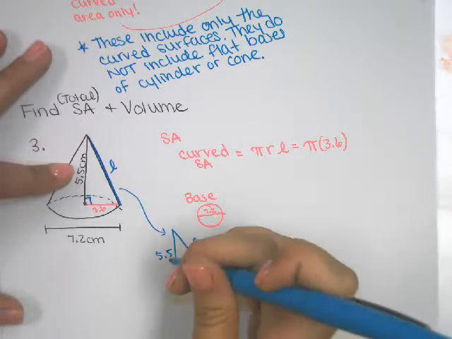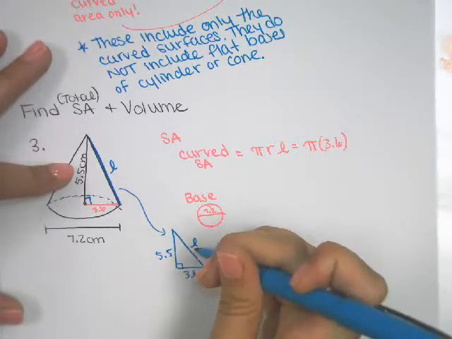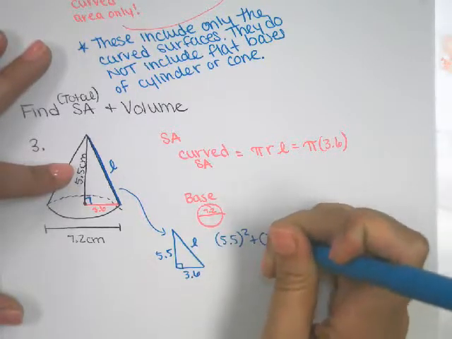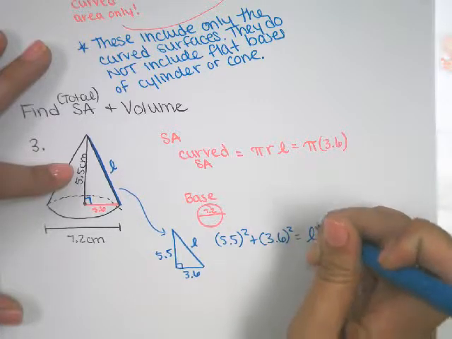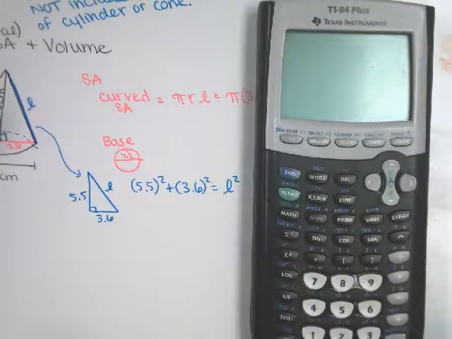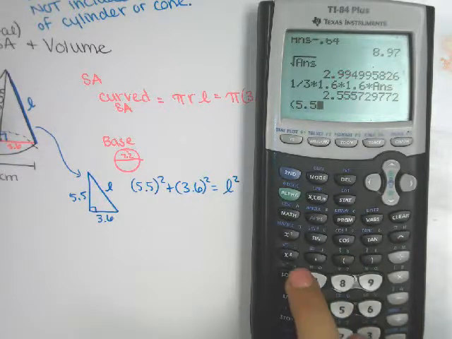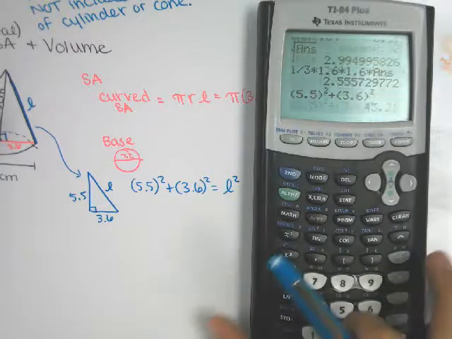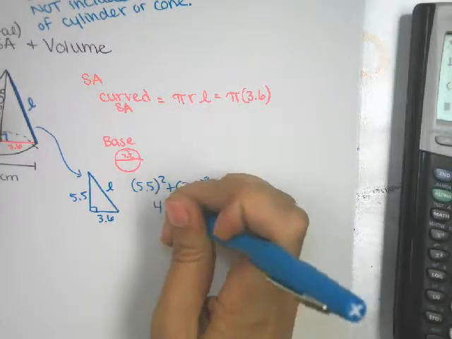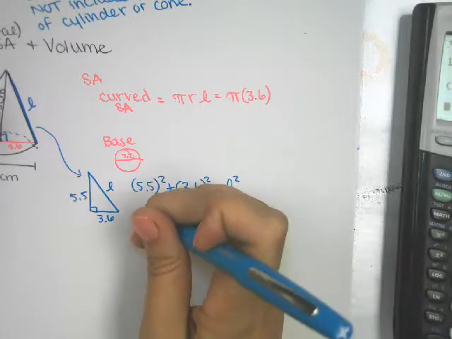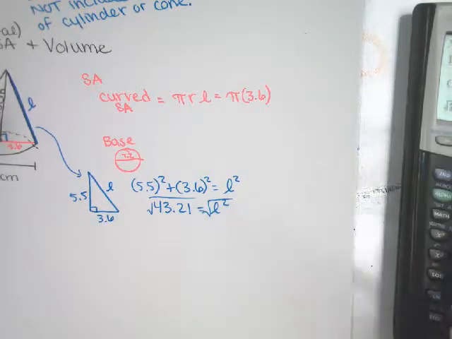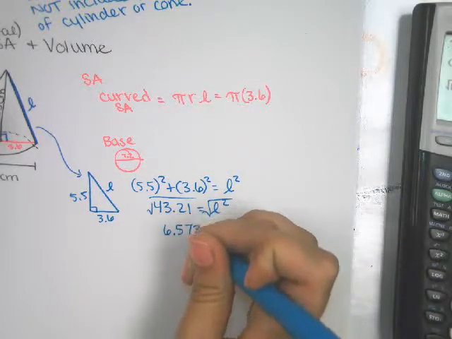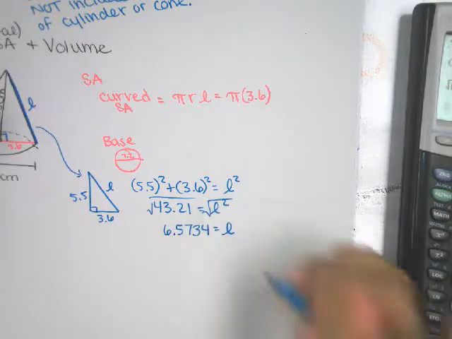So let's find L. So these are the sides. This is the hypotenuse, legs, hypotenuse. So we'll do 5.5 squared plus 3.6 squared equals L squared. 5.5 squared plus 3.6 squared is 43.21, and then we square root. 6 point, I'm going to leave a couple more decimal places just because it's not my final answer.